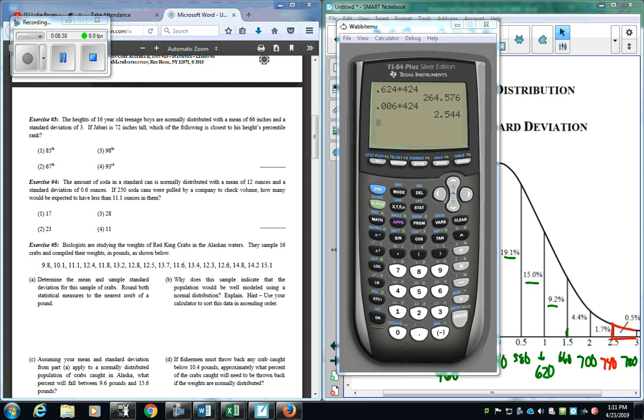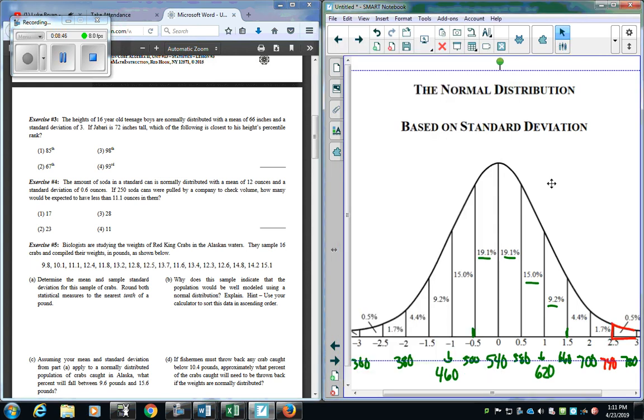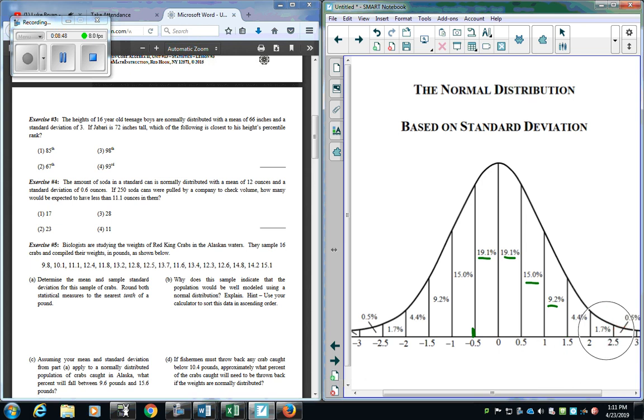So in the case of Jabari, he's 72 inches tall. Well, we know the mean was 66, so I'm going to go back to my normal curve. I'm going to erase all my data here. We know 66 is the middle, standard deviation is 3, so that means 69 and then 72.